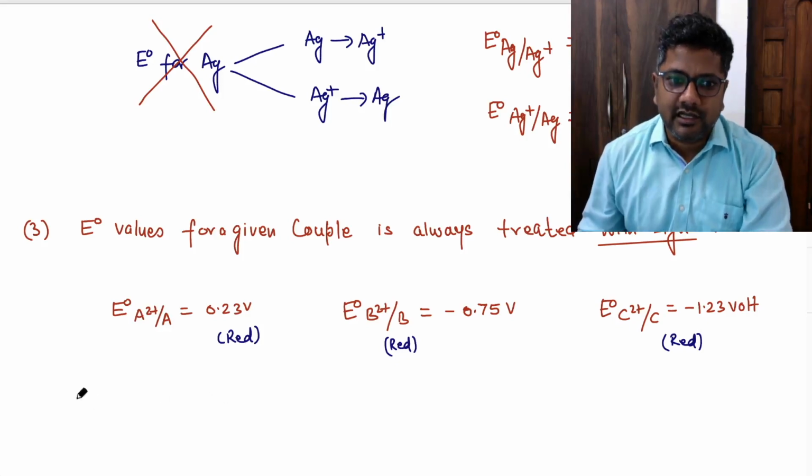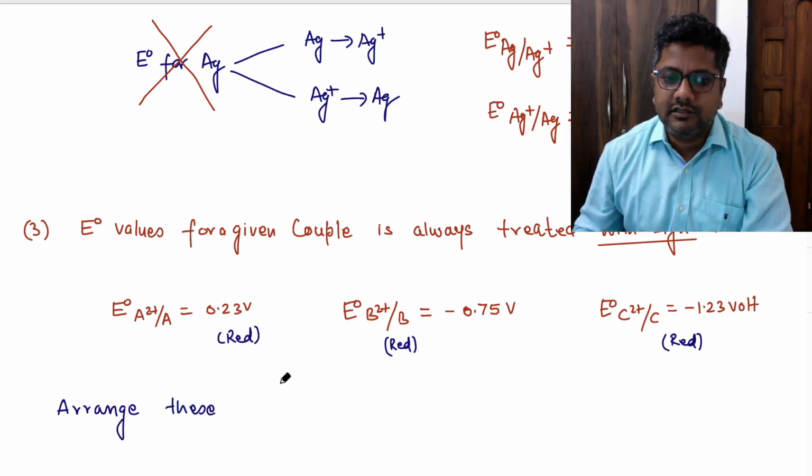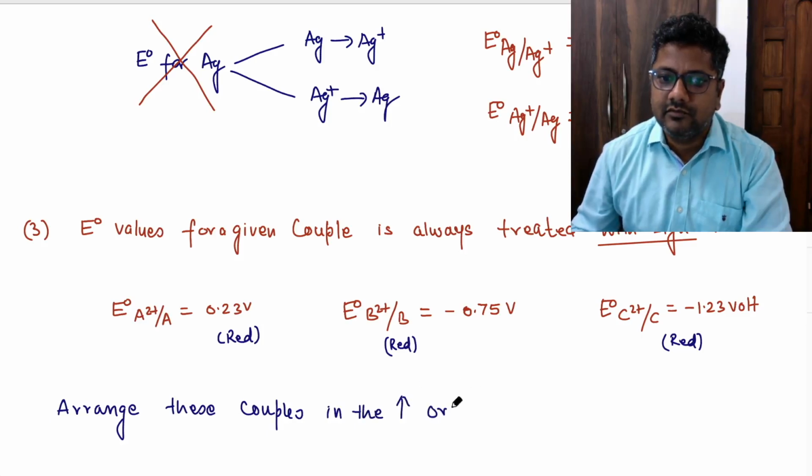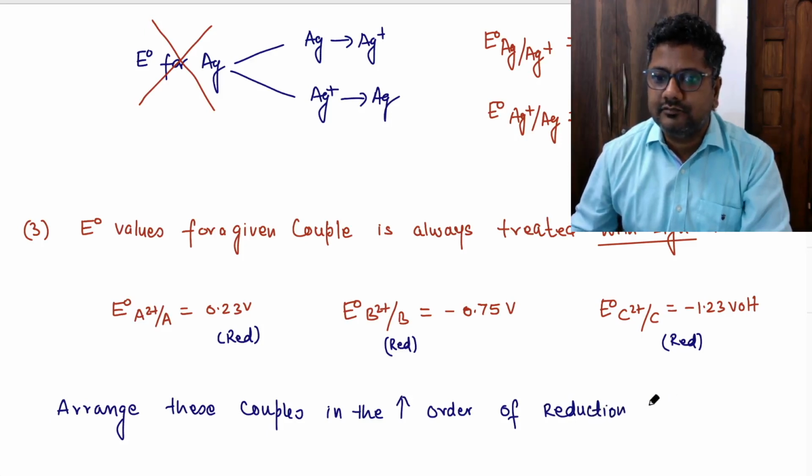The question is: arrange these couples in the increasing order of reduction potential.